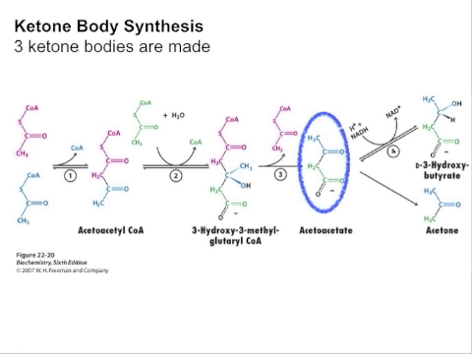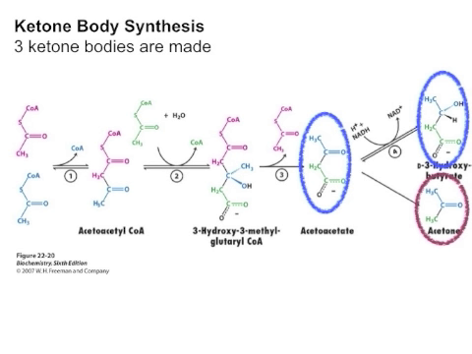Now, acetoacetate can be reduced to make D-3-hydroxybutyrate, or because it is unstable, acetoacetate can also spontaneously decarboxylate to make acetone. D-3-hydroxybutyrate and acetone are the other two ketone bodies, and so the three ketone bodies are acetoacetate, D-3-hydroxybutyrate, and acetone.